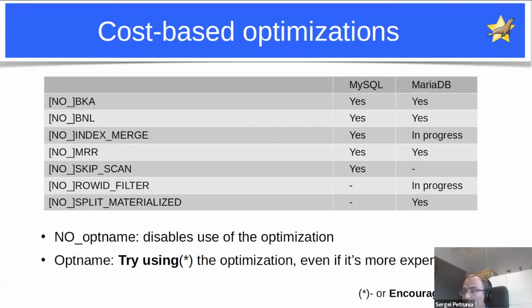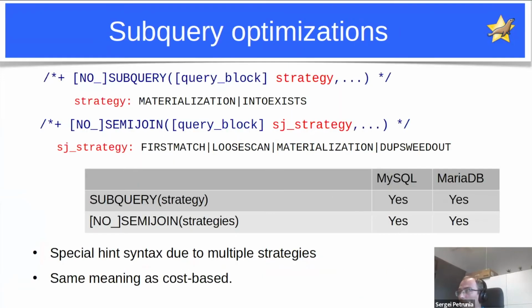This list lacks subquery optimizations. They have their own slide because there are many of them, they have special hint syntax, and they have similar properties as cost-based ones, except that you can also specify the strategy. For subquery, you can specify whether you use materialization or in-to-exists, and it will follow your directions.